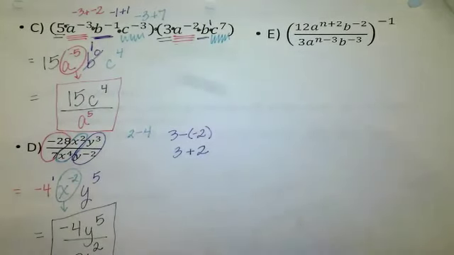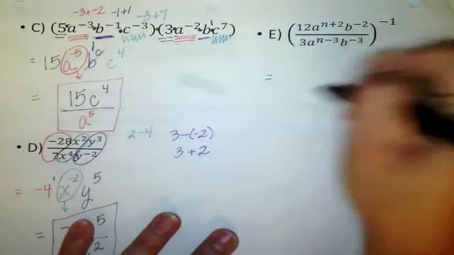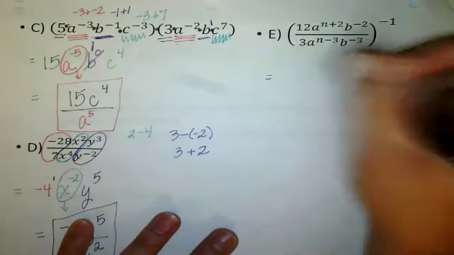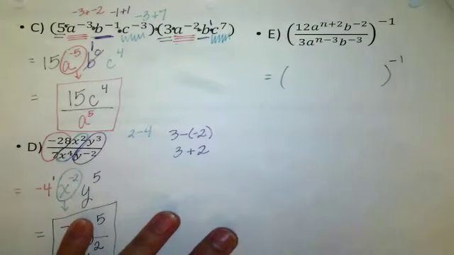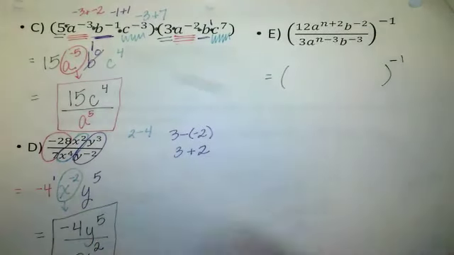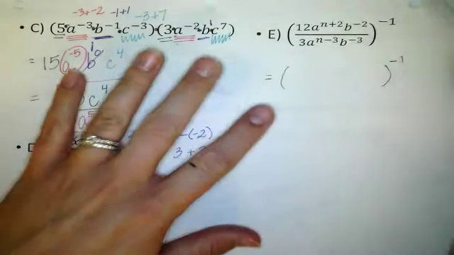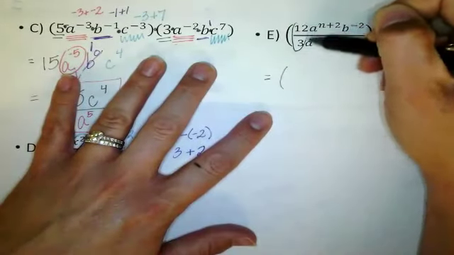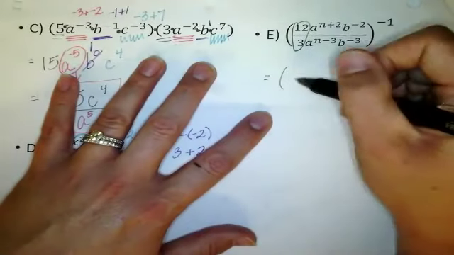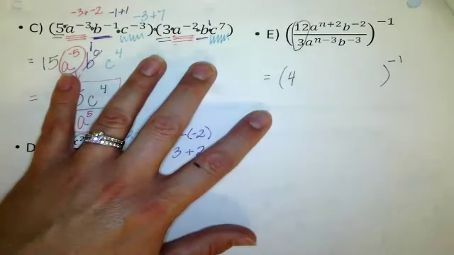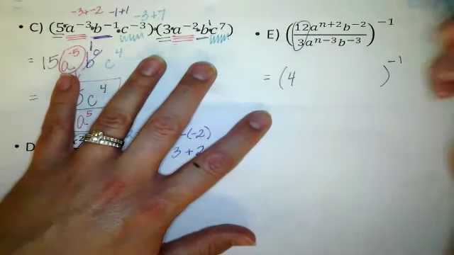Okay? So with that in mind, inside these parentheses, I've got a 12 over 3, and I can simplify that to what? 4. Okay, 12 divided by 3 is 4.